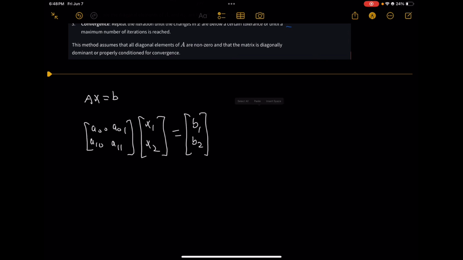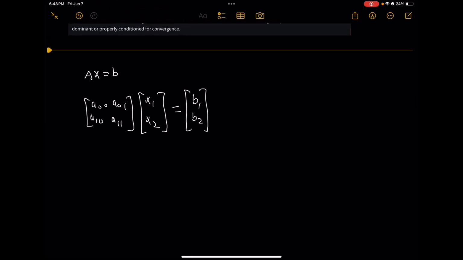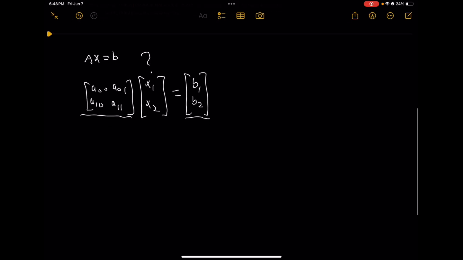Theoretically, in most problems we would know A and B, but x1 and x2 would be a question mark. So the question is, what's an effective way to solve this?